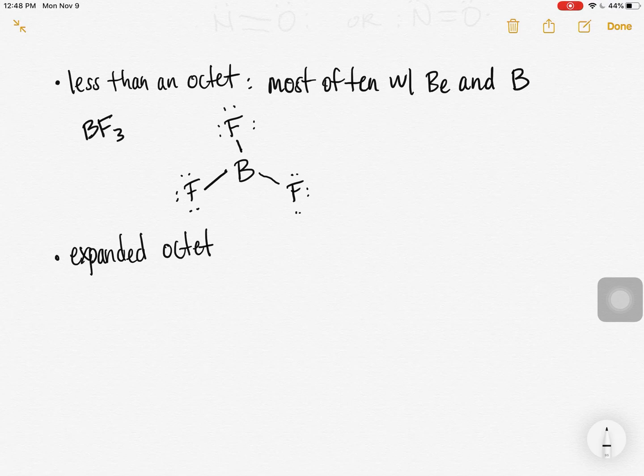You might be thinking, couldn't we draw this structure with an octet? And actually you could, because instead of single bonds, you could do this.